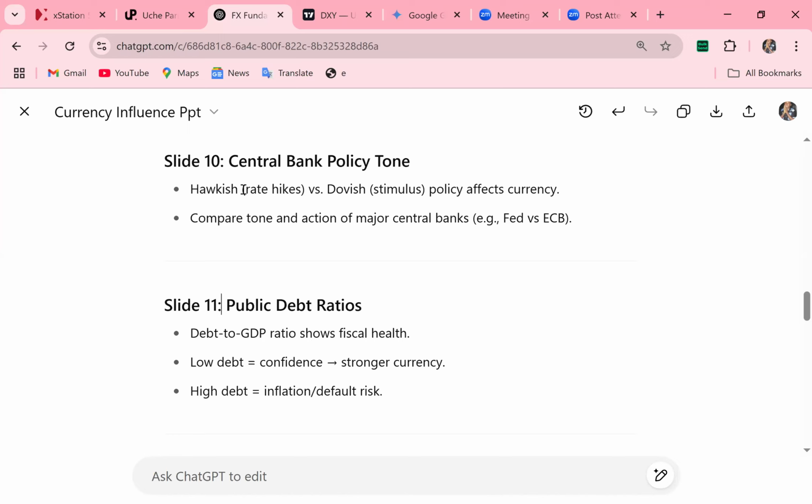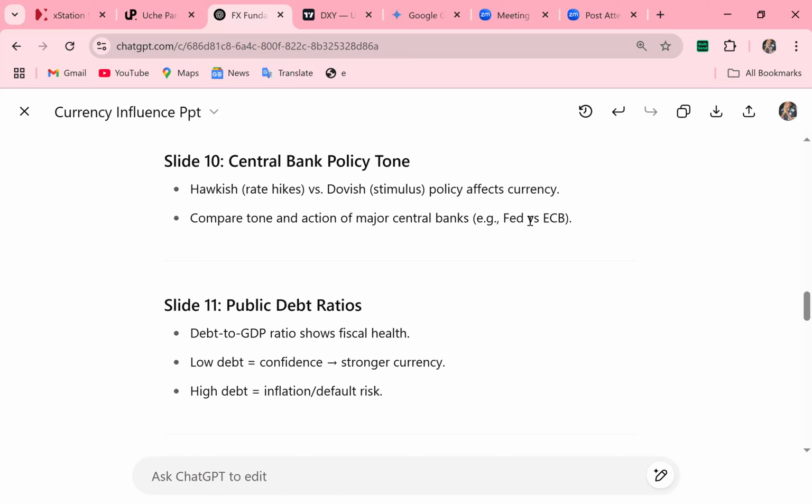So you will know the policy, the interest rate policy, or the tone, whether the tone is hawkish, which is to raise the interest rate, or dovish. Now, you can compare the tone and action of the central banks of a major currency pair, like the United States and the European Central Bank.